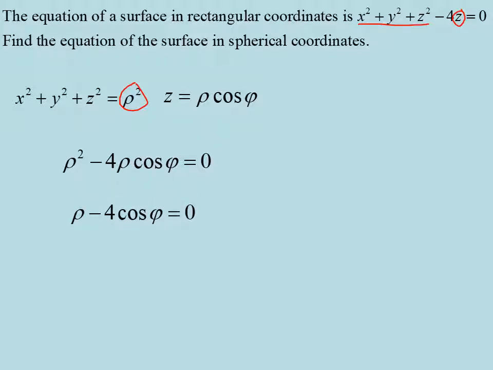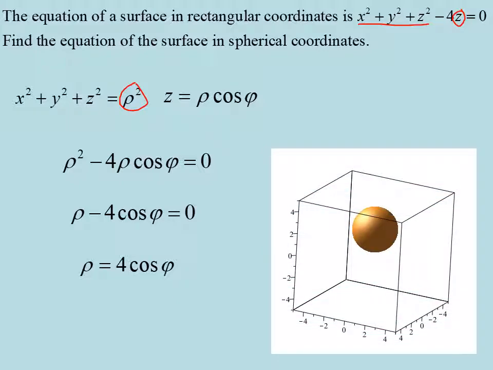And so by doing that, we get rho minus 4 cosine phi, which we add 4 cosine phi to both sides, and we get rho equals 4 cosine phi. Now we could take something like Maple and type that in spherical coordinates and see what the graph looks like.